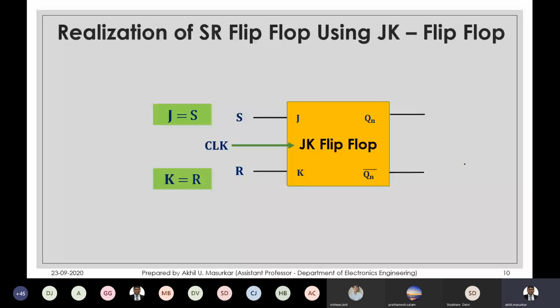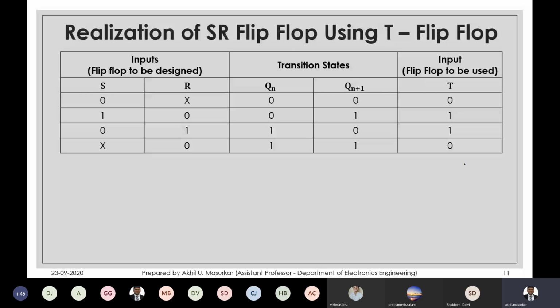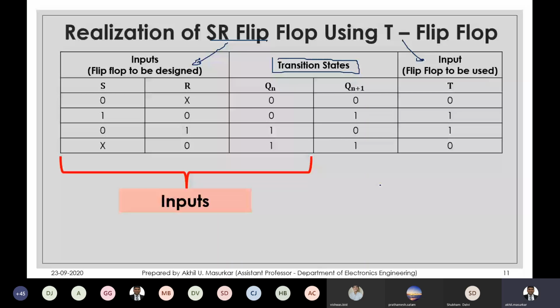Okay. So let's go ahead. Realization of SR using T. So here we have SR. So SR will come here, T will come here. Transition states in between. So again, this is going to be the input and T will be the output and T has to be a function of S, R and Qn.